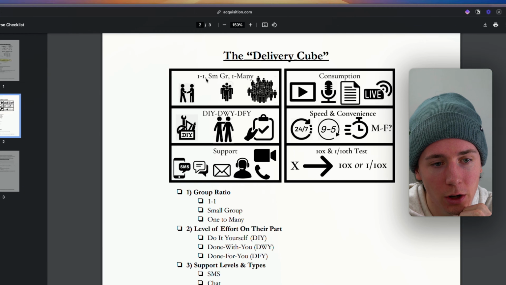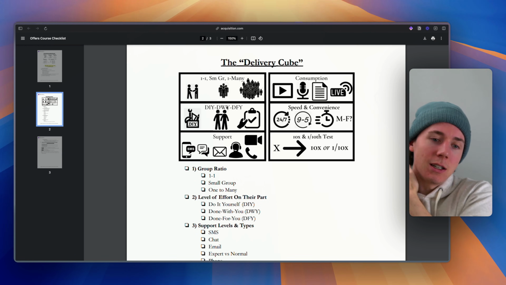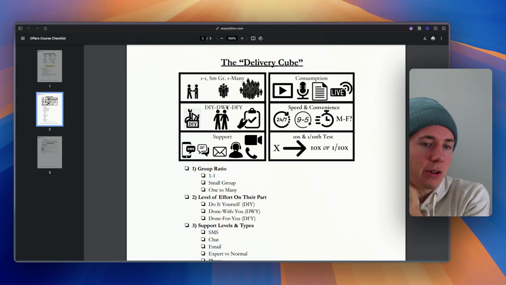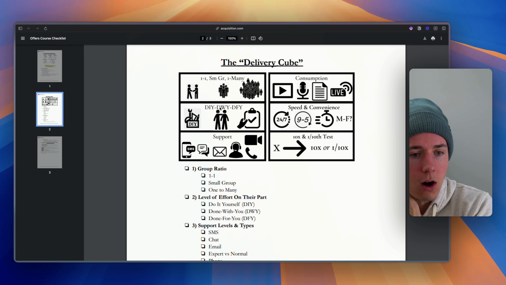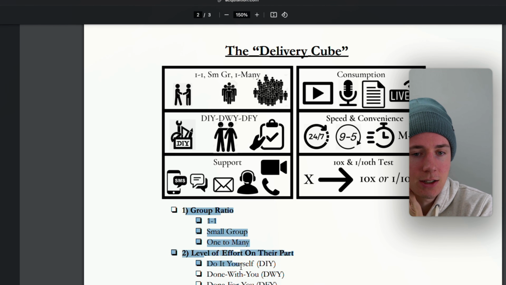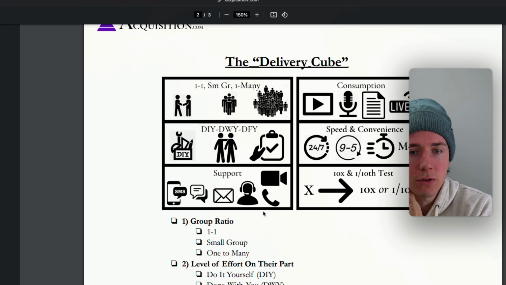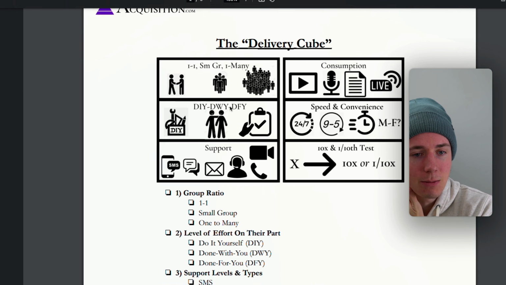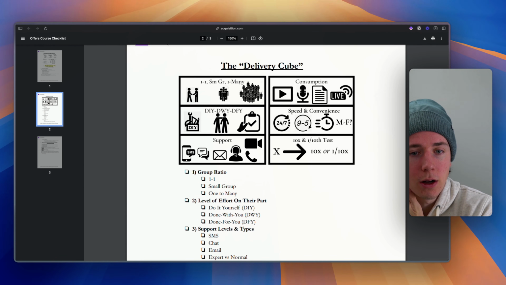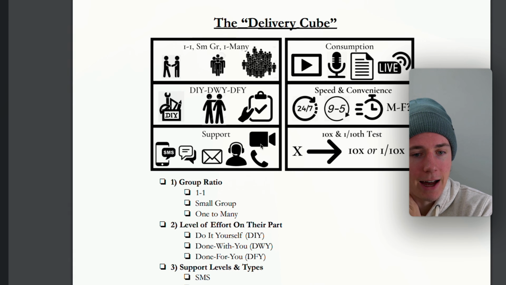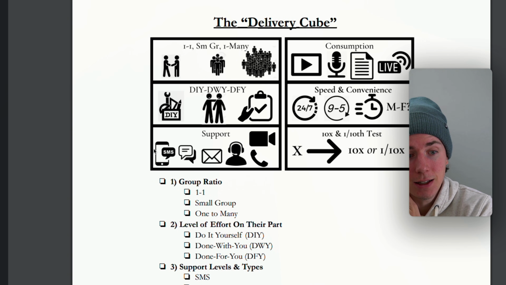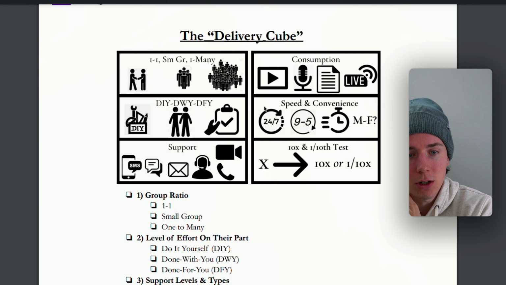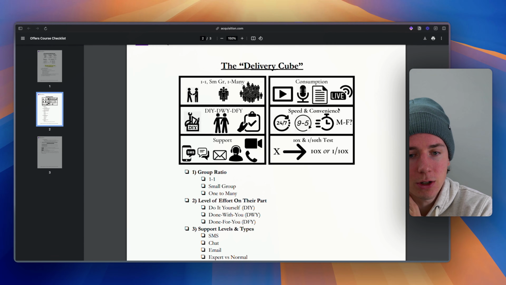Ours is going to be one-on-one, done for you. I don't really want to build any sort of done with you offer because this is not a niche that I want to do done with you services in. But the essence is we're going to create a done for you one-to-one, and they're going to have access to us via Zoom and email.